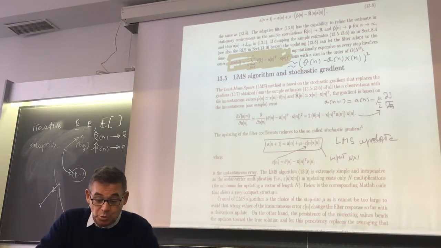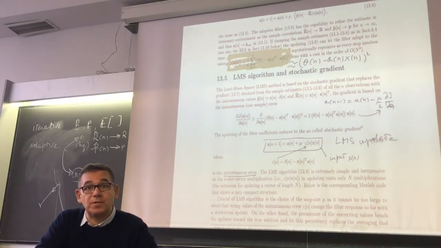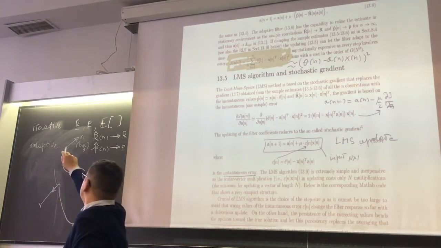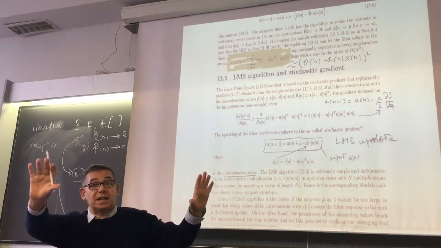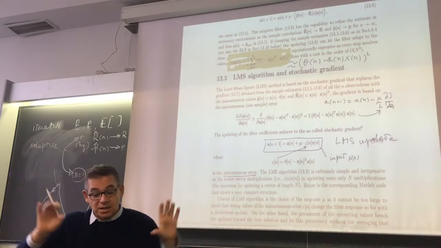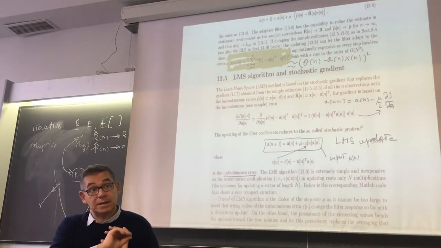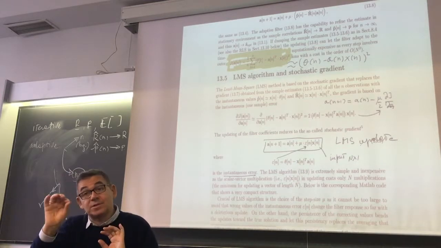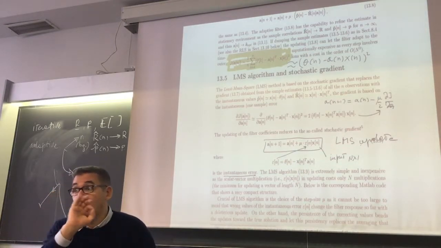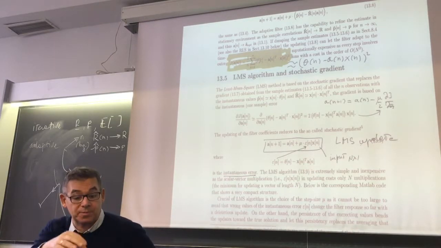Now, this mu has to be totally reconsidered because it's different from the previous one. When we did the iterative method, everything was static, and we could calculate the mu value in that case. Now we replace the gradient with the stochastic gradient, the instantaneous gradient, the instantaneous error, and we need to reevaluate the optimum mu step.